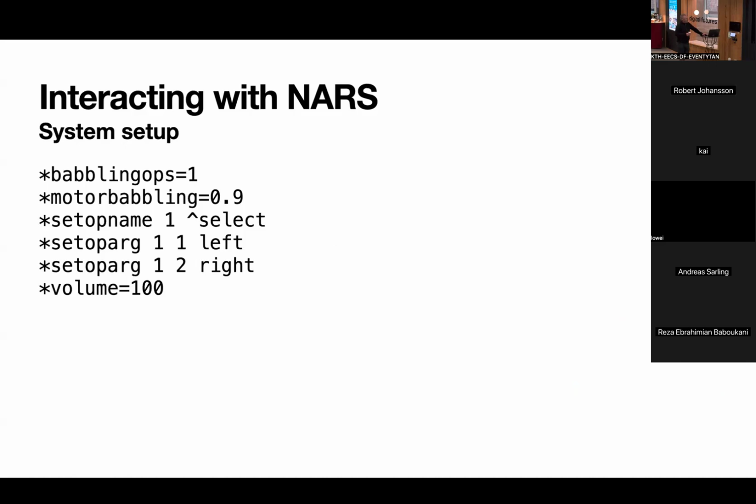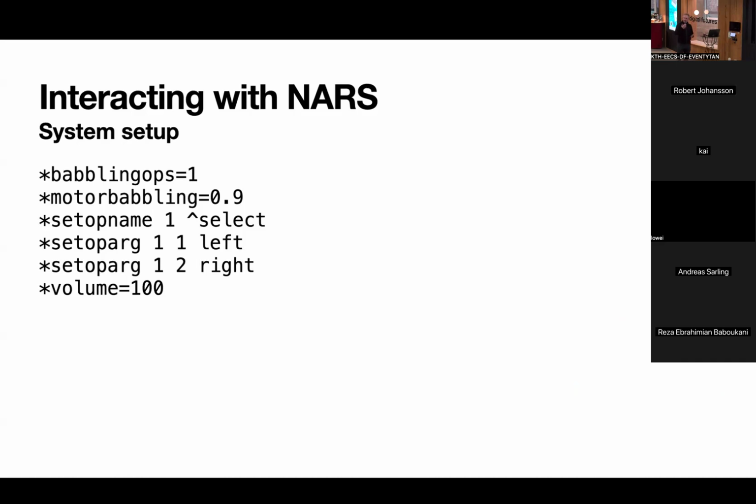So how do we then set up the system? If we start up OpenNARS for Applications or ONA, these are the only things that need to be entered. There's no other pre-training, as I said. So the system has one operation called select.